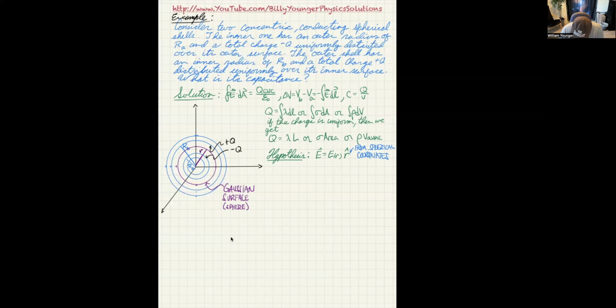Because of that, this hypothesis suggests that the magnitude of E only depends on the distance r from the center of the spherical distribution. We've put the center of the spherical distribution at the origin of the coordinates, so the r is the true r measured from spherical coordinates. That is somewhat helpful.